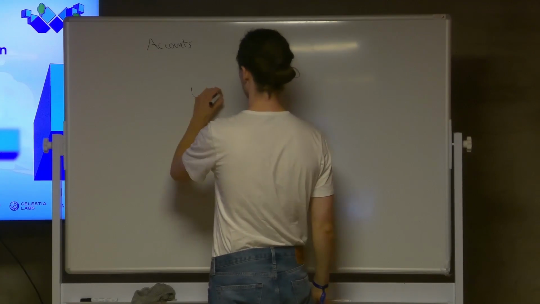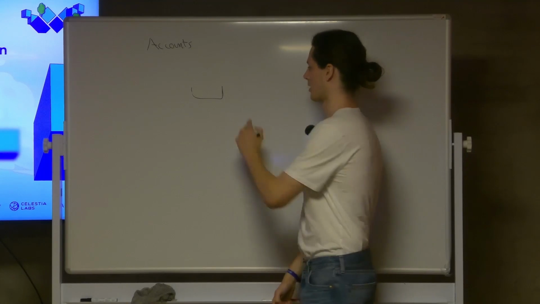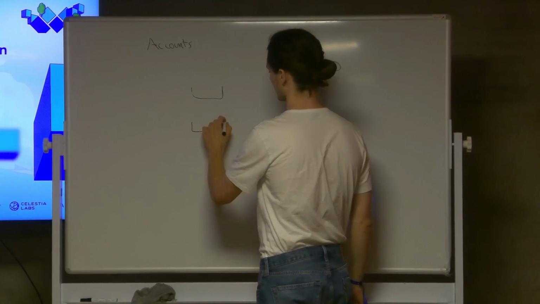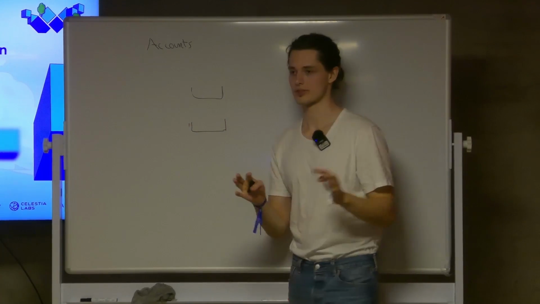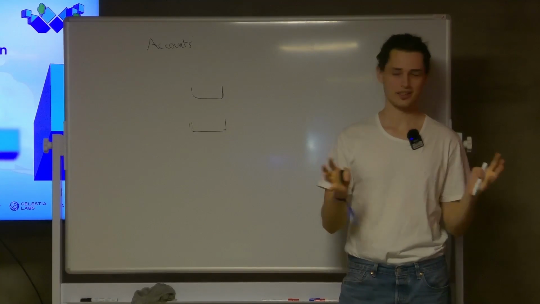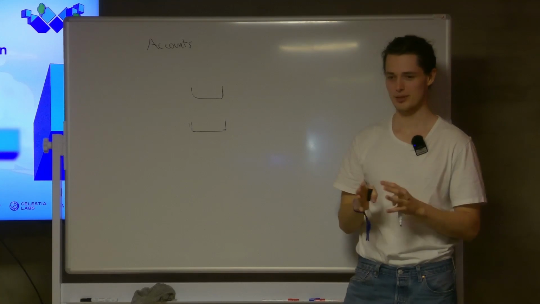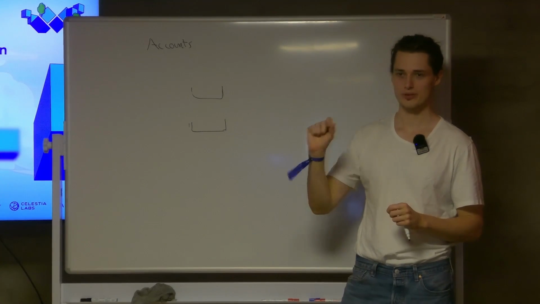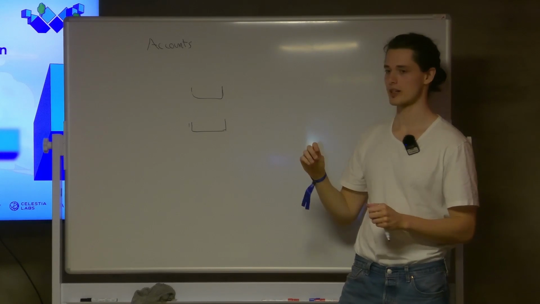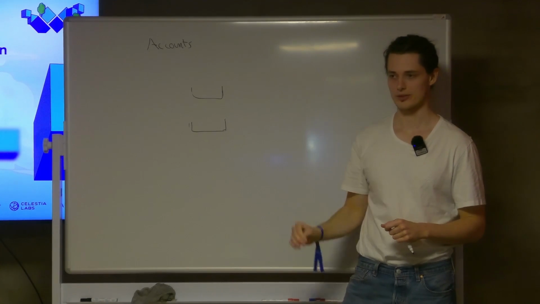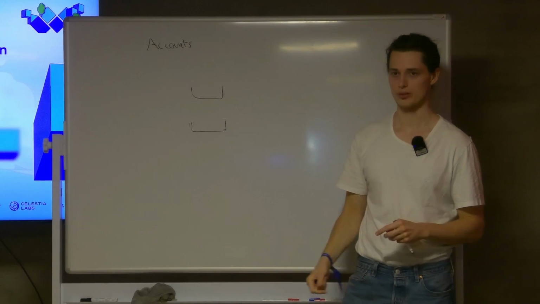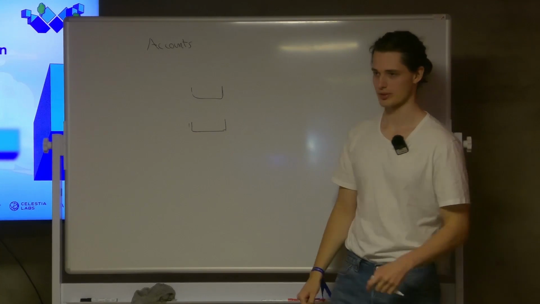You could think of it as a bucket of state, and all accounts are containers of state. It's a little bit like sharding: when you have a transaction on Solana, you can define many different accounts that you want to read from and write to, and that's how you get smooth interoperability.